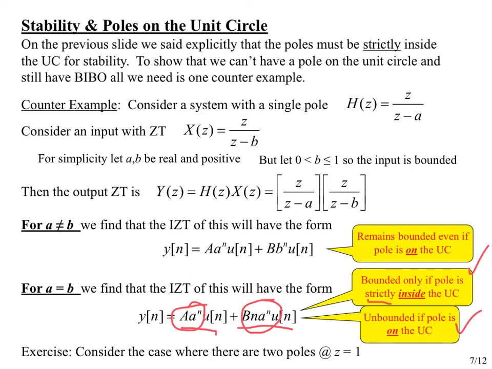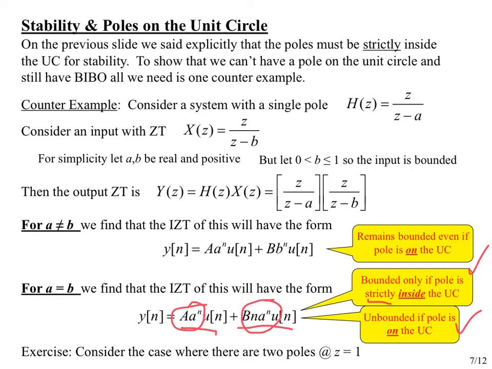So what we've just established is that when we have a single pole on the unit circle, then there are some bounded inputs that will cause bounded outputs, but there are some special ones that will basically cause a resonance, and that's exactly what's happening. It's very much like a resonance, and that resonance will cause the output of the system to grow without bound.